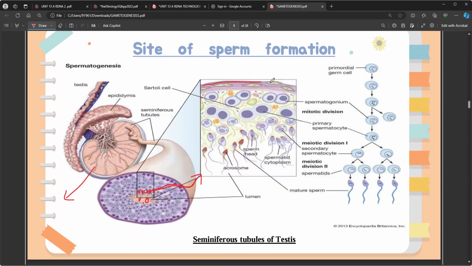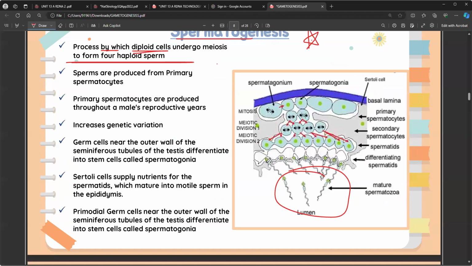What is this actually? This is the membrane of the seminiferous tubule. Understand my words. And what do we call this entire region? This entire region is the lumen. This is the membrane of the seminiferous tubule, and this is the inner space, or lumen, of the seminiferous tubule.